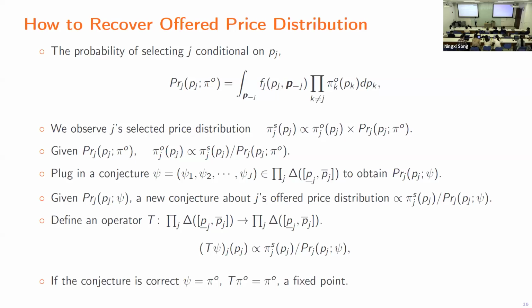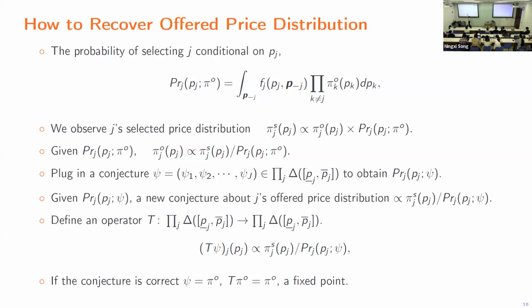Let's check if my conjecture is correct. If phi is equal to the offer price density, then this would be the correct PR function. Then by the formula I wrote over there, this pi o would be proportional to this pi divided by this PR function.